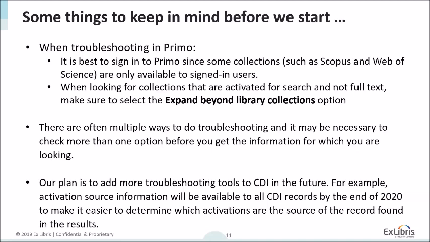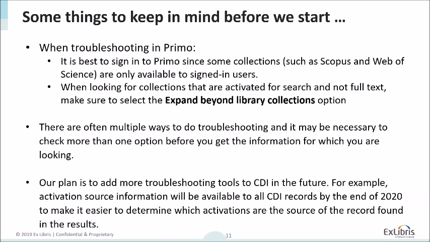Another thing to keep in mind is that there's often, and you'll see that in the slides that will follow, many ways to do troubleshooting, and it may be necessary to check more than one thing before you actually get to the cause of the issue. Another last thing I want to mention here is that we are continually working on adding more troubleshooting tools for CDI.